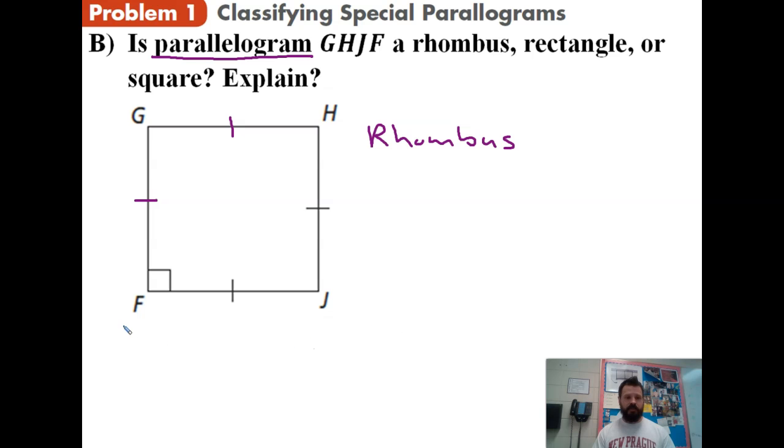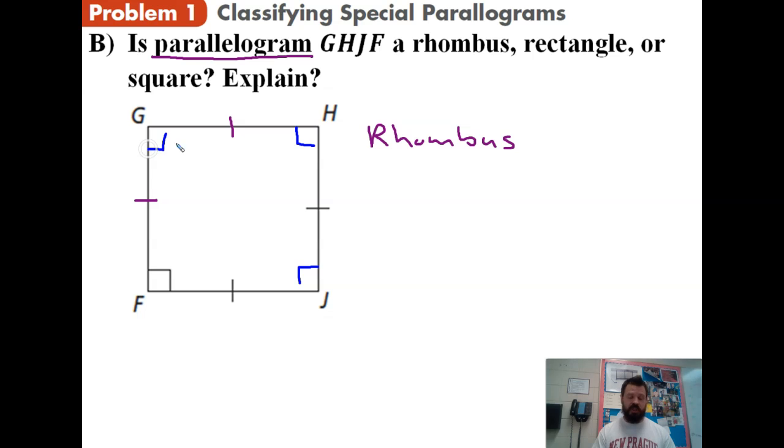Okay, what else though? Notice this angle F in the corner is a right angle. Another thing I know about parallelograms is that opposite angles are congruent. That means that H has to be a right angle as well. I also know that consecutive angles are supplementary, as in they add to 180, meaning that F plus G have to add to 180. Now since F is 90, that means that J has to be 90 as well.